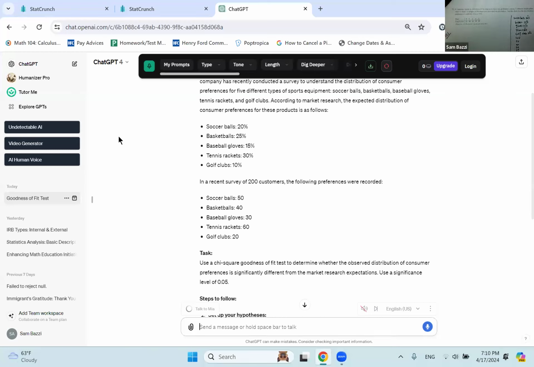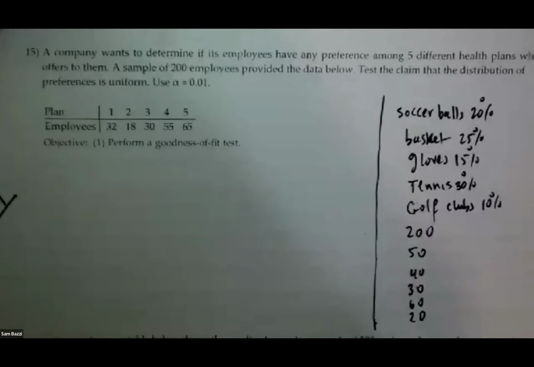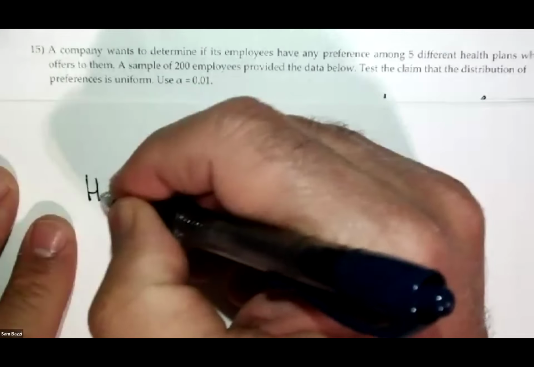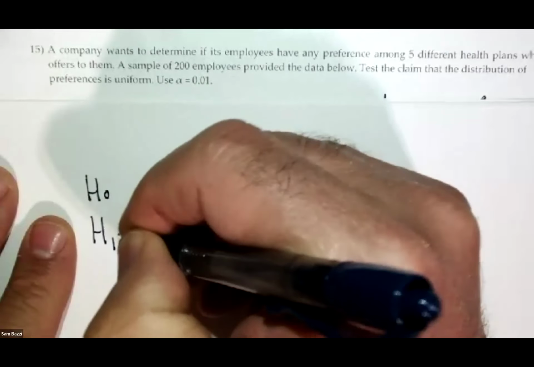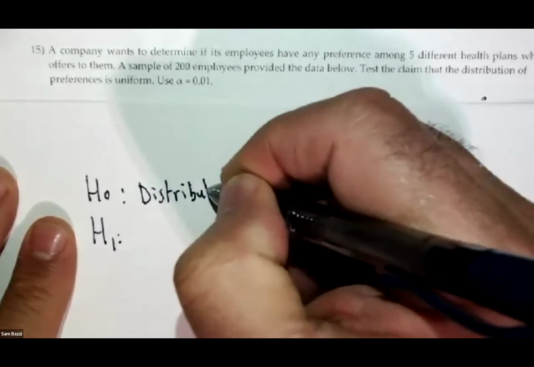All right, guys, let me stop sharing and take you to what we're going to do right here. Here's how you solve a goodness of fit test problem, guys. Just follow the steps and nothing will go wrong, with any questions from section 12.1. The first thing, guys, is state H0 and H1. H0 will always be, guys, the distribution is as given to us.